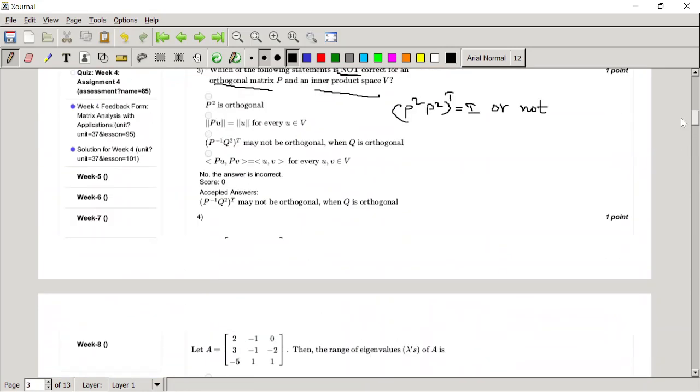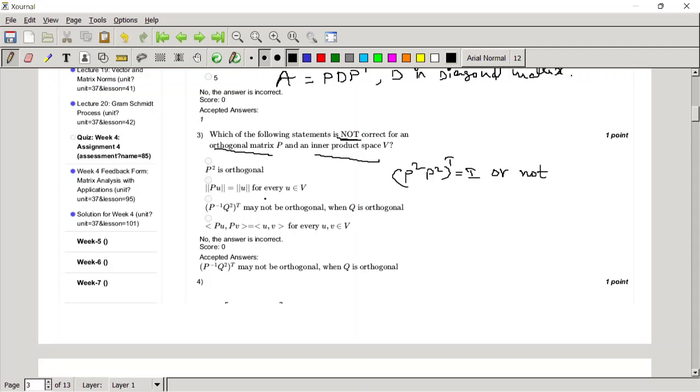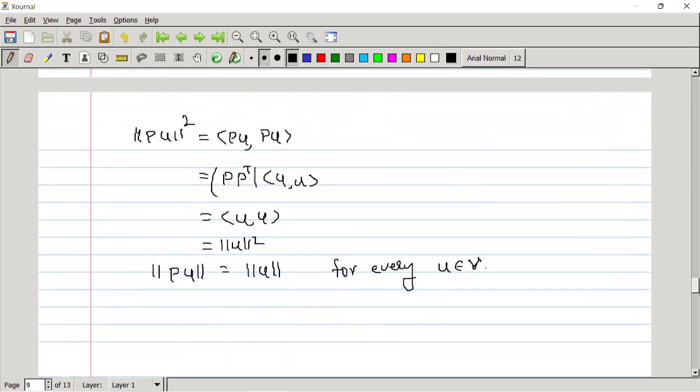So the second option is also not the answer; of course the option is correct, but not according to this question. The third option here is P inverse Q square whole transpose may not be orthogonal when Q is orthogonal. It is given that Q is orthogonal and P is also orthogonal. So we have to check whether P inverse Q square whole transpose is orthogonal or not.